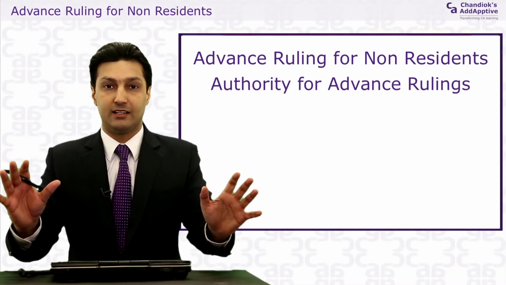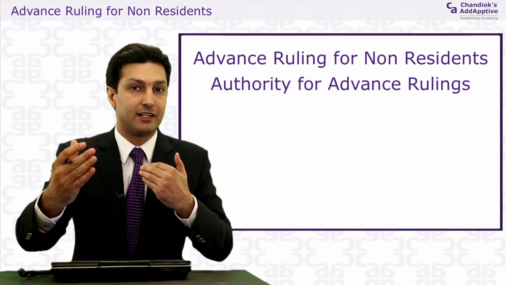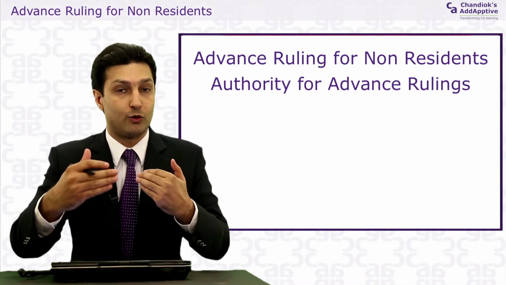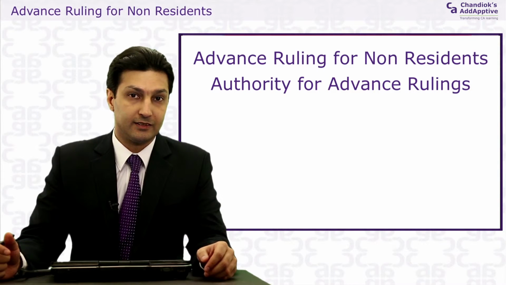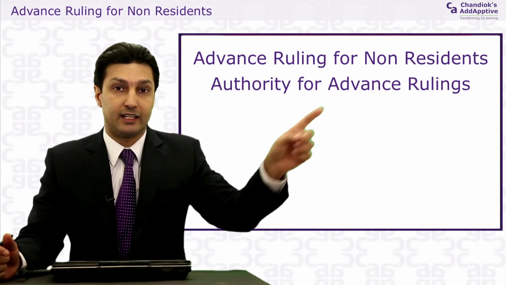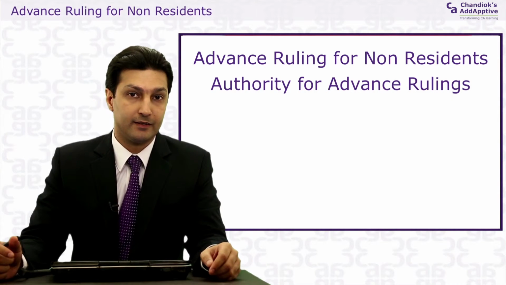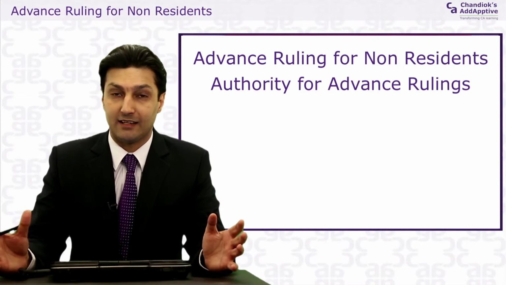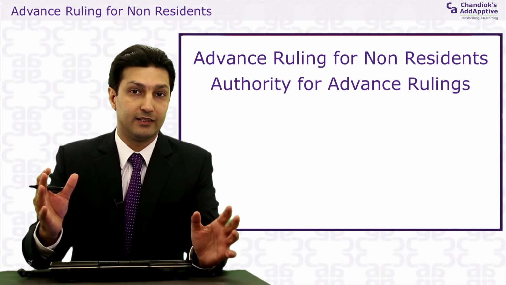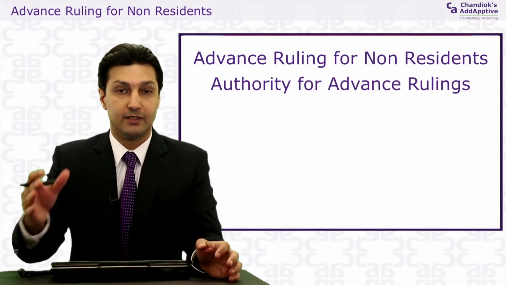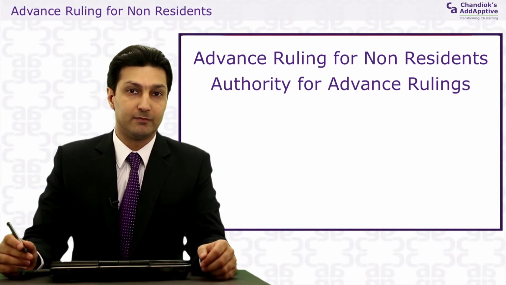Now, once that is done, before a transaction is entered into, or maybe during the course or after entering into the transaction, but before the matter is taken up for assessment, we already know what the tax liability is going to be, thus reducing litigation, reducing expenditure on the same.